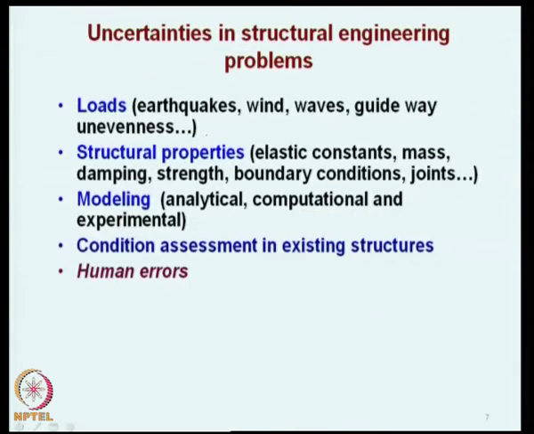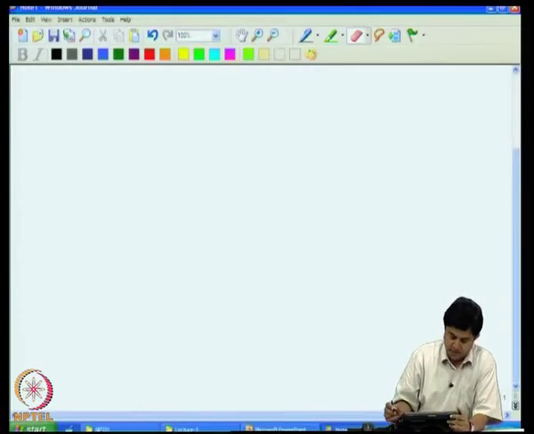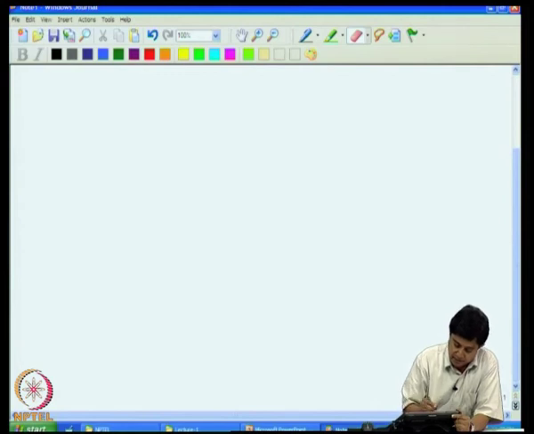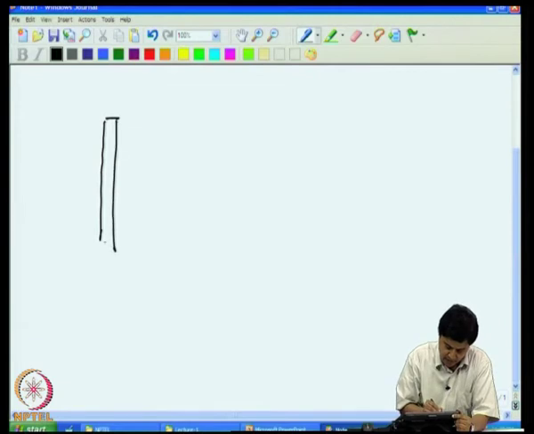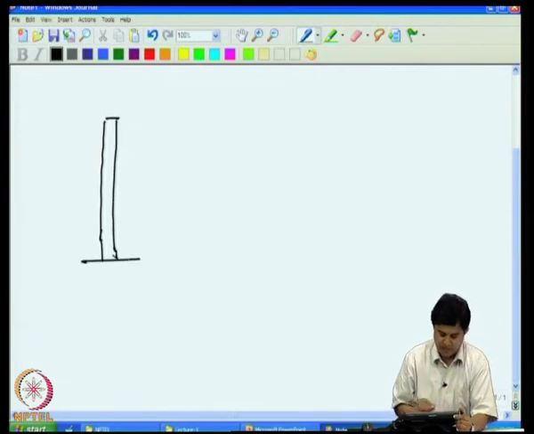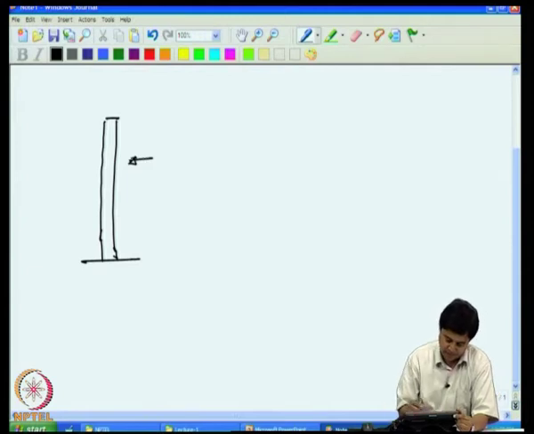Now, we talked about earthquakes and guideway unevenness. So, we could also talk about wind. In case of wind, what happens? Let us, for purpose of discussion, assume that we are talking about a tall chimney and wind is blowing in this direction.